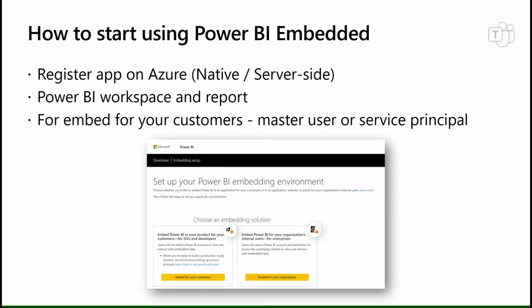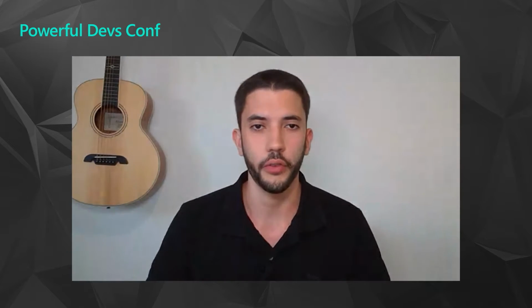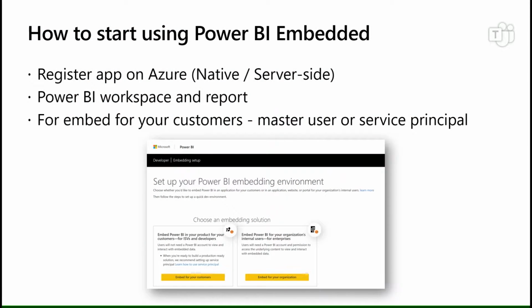The next thing you need to have is a Power BI workspace and report. This is the report that we're going to embed. For embed for your customers, where you manage the authentication, you need either a master user or a service principal. On the bottom of this slide, you can see our Set up your Power BI embedding environment tool, which lets you quickly get an application with Power BI Embedded.